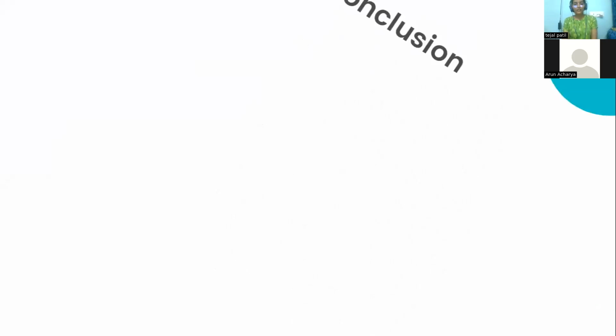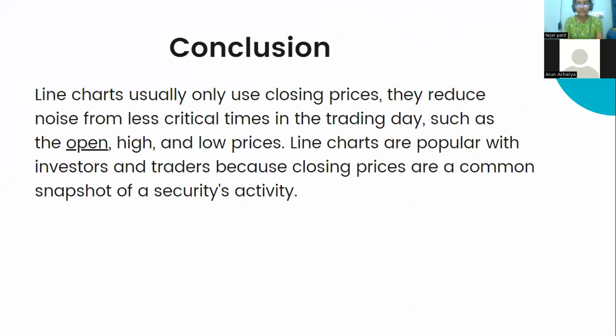So at the conclusion, we saw the line chart using Adalo. It will only show the closing price of the data. So it will reduce noise, because it will not show the open, high, and low price of the stock data. Line charts are very popular with investors and traders because closing prices are a common snapshot of security activity.